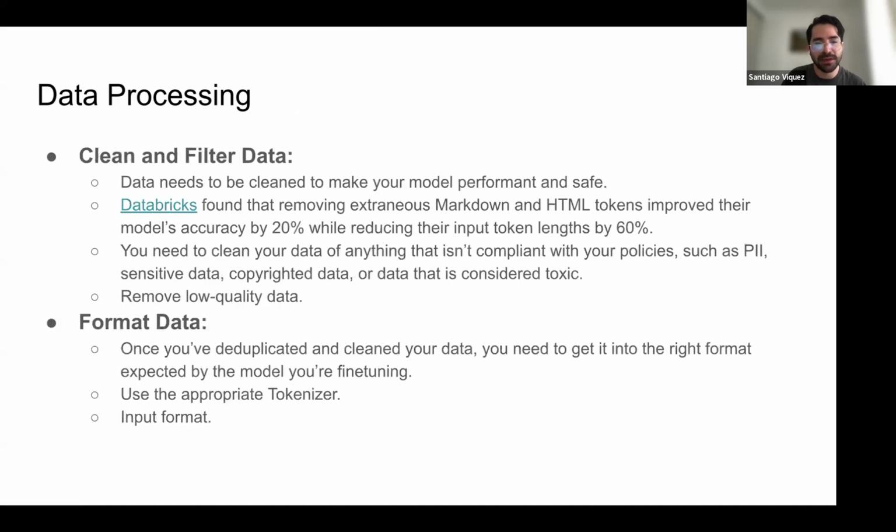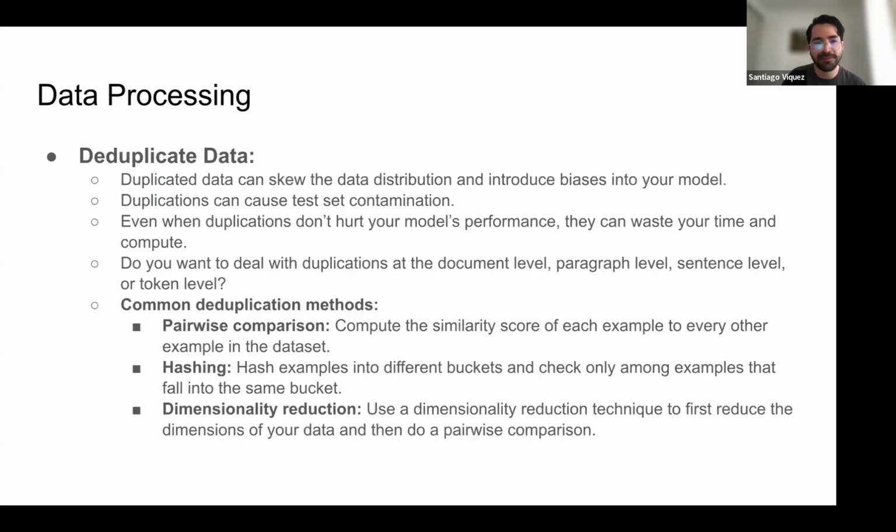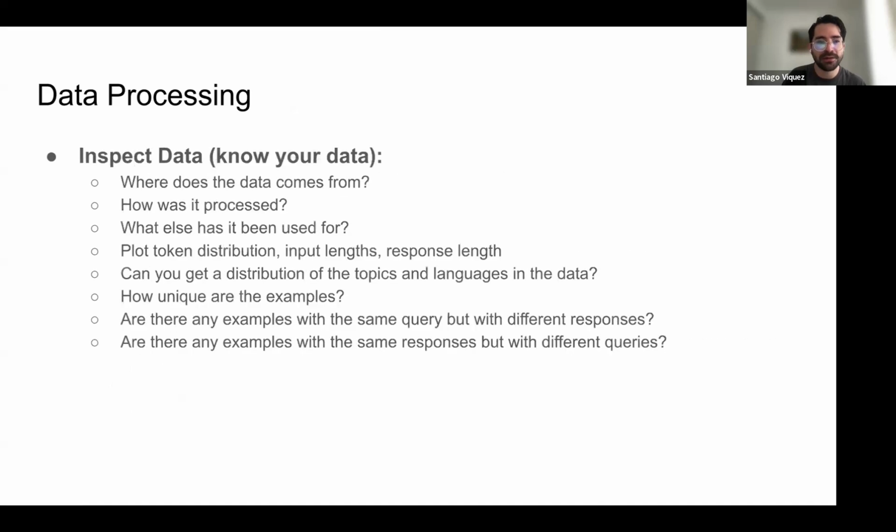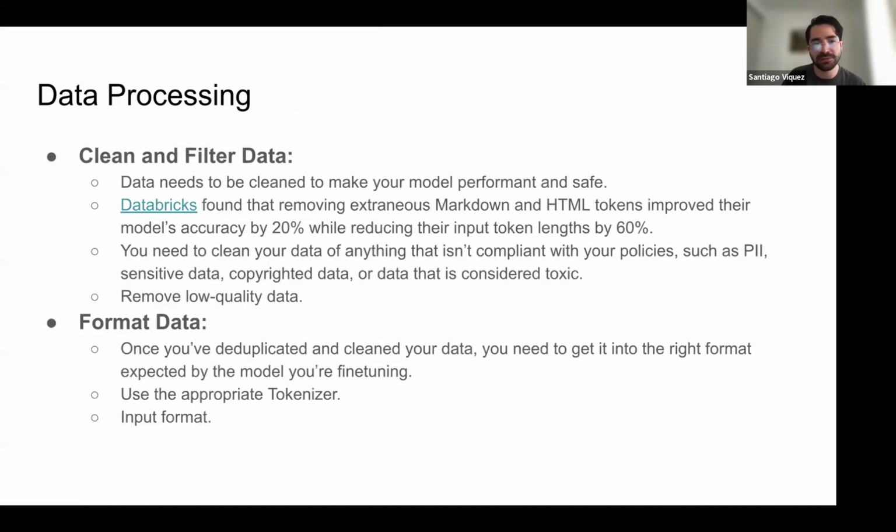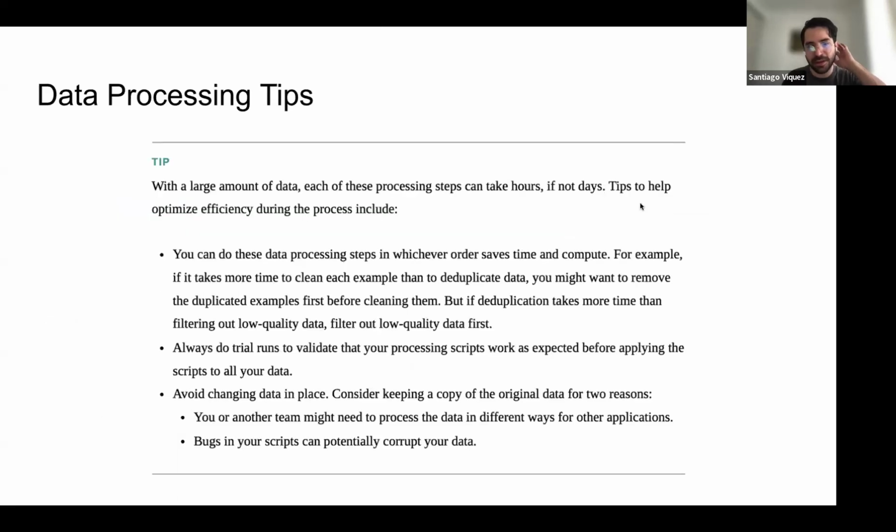Sometimes cleaning is easier to do after you already deduplicated, or sometimes it's easier to do a first clean and then deduplicate stuff. Of course, formatting often comes at the end, right? So you don't want to format everything, waste a lot of time formatting, and then have to clean stuff.